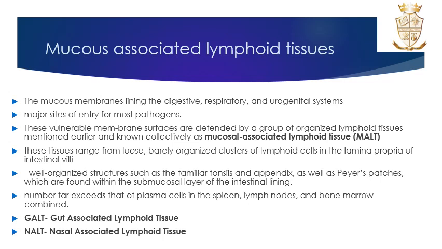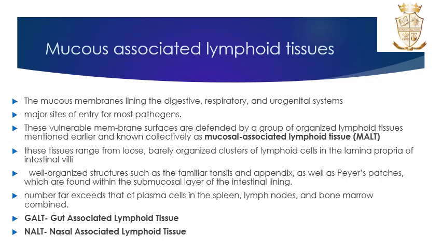These tissues range from loose, barely organized clusters of lymphoid cells in the lamina propria of intestinal villi to well-organized structures such as tonsils, appendix, as well as Peyer's patches, which are found in the submucosal layer, and whose number of plasma cells far exceeds that in the spleen, lymph node, and bone marrow.